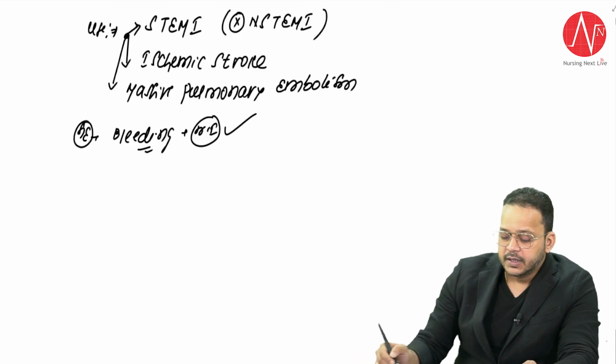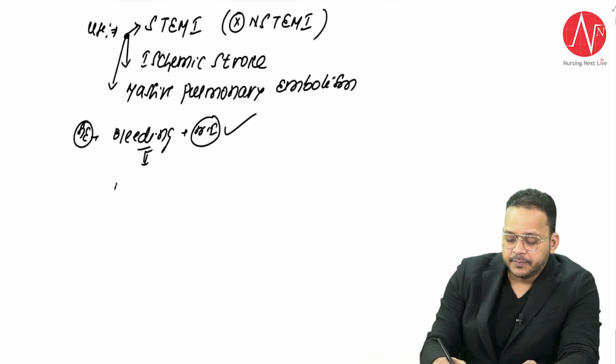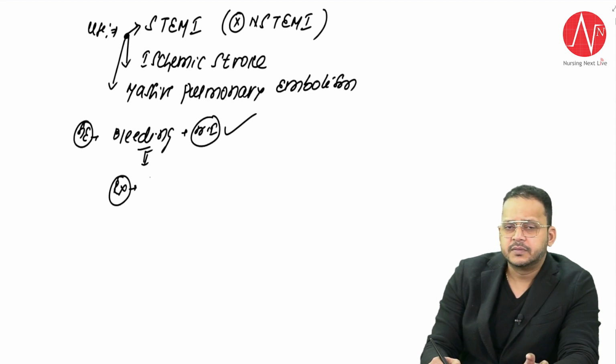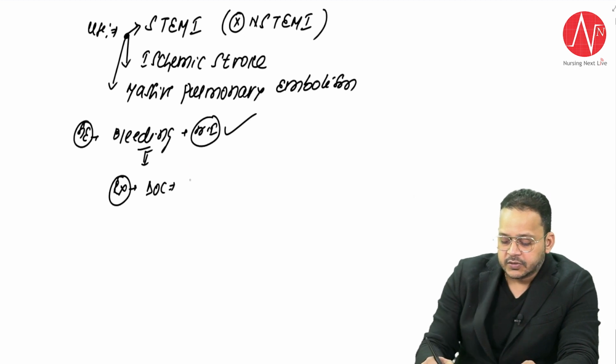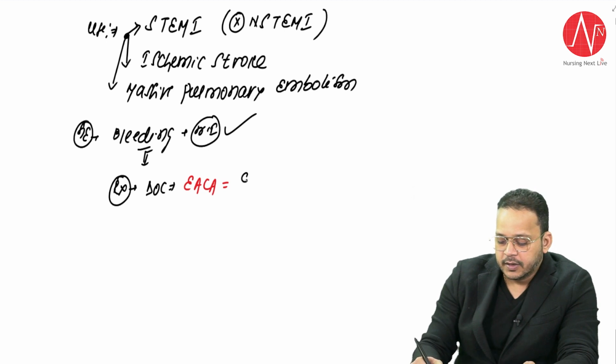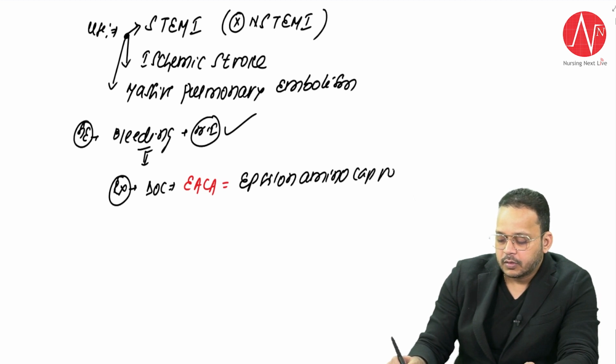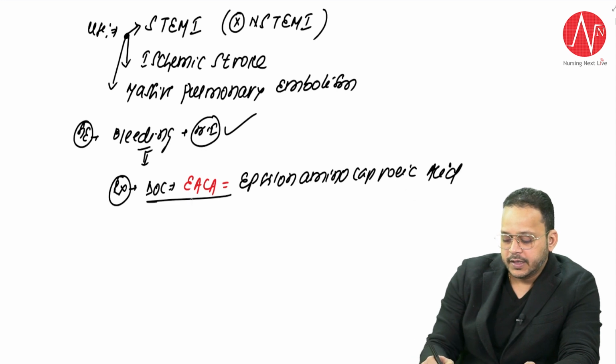Already I've discussed. Now, if they cause bleeding, then treatment, guys. Here the bleeding is massive. The patient might die. So the drug of choice for bleeding is a drug called EACA, epsilon aminocaproic acid.